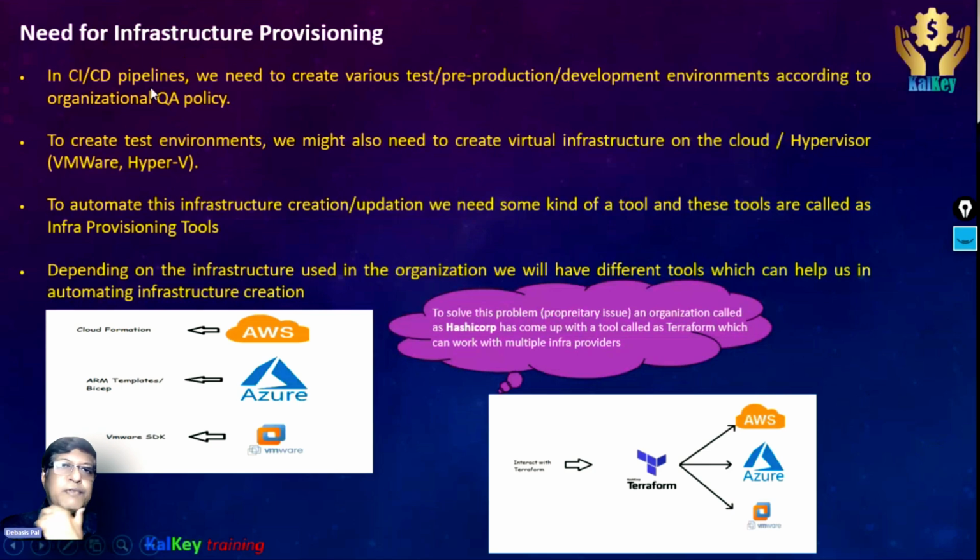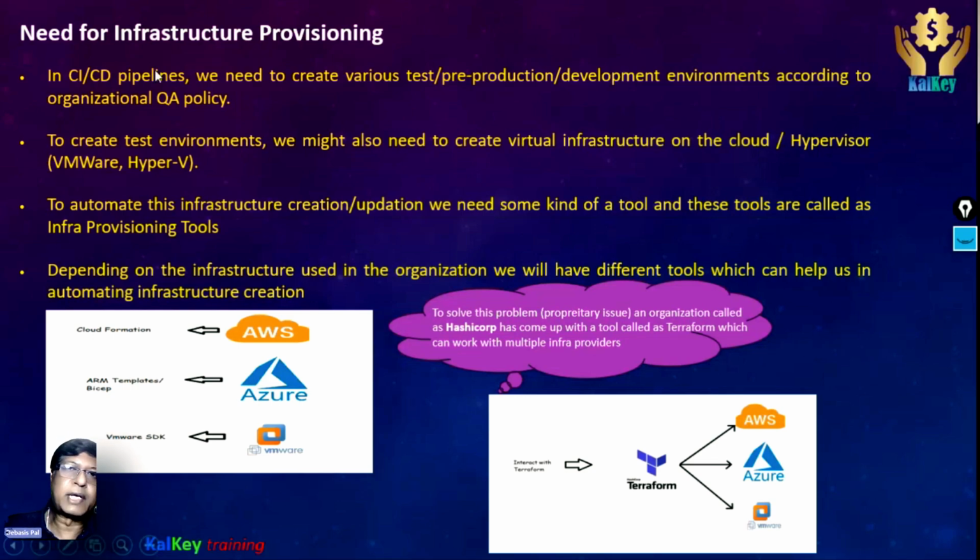Why do you need infrastructure provisioning? In the CI/CD pipeline, we need to create various test, pre-production, and development environments according to the organizational QA policy. What is QA? QA is quality assurance.